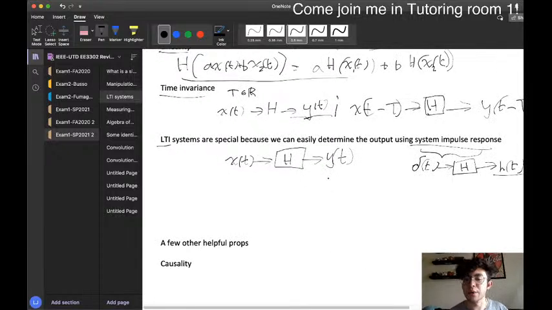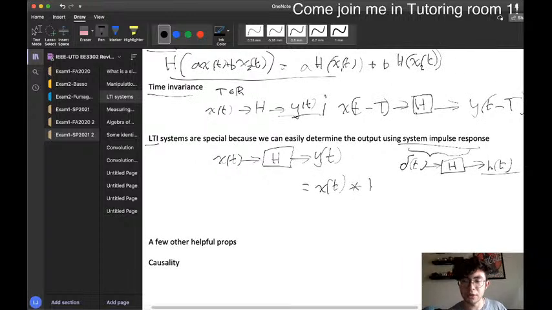Then we can get the output using our input signal, and we're going to perform an operation on our two signals called convolution. So this is convolution.